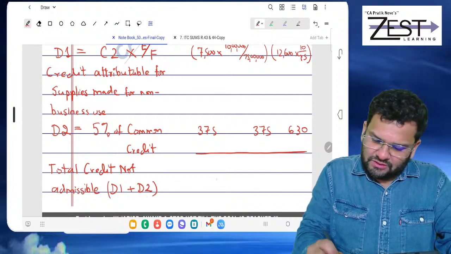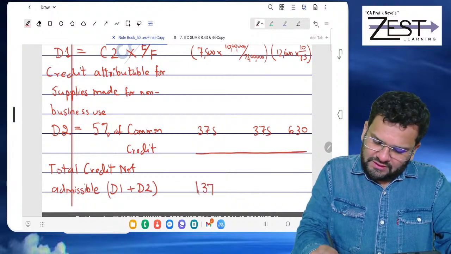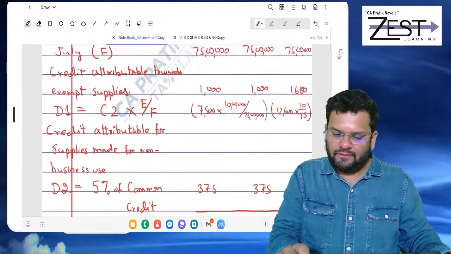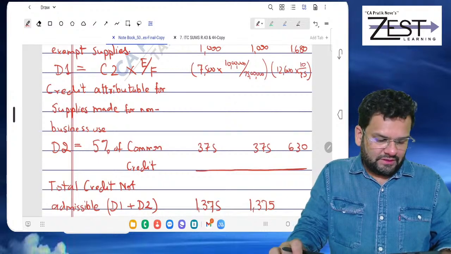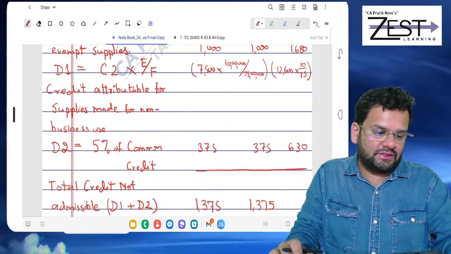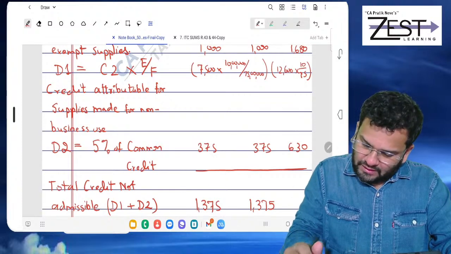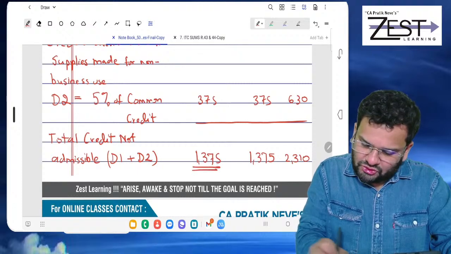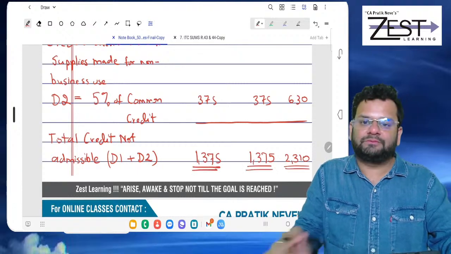So isn't it 1375, 1375 and 1680 plus 630, 2310. Are you all getting it, friends? Have you all understood till this point?